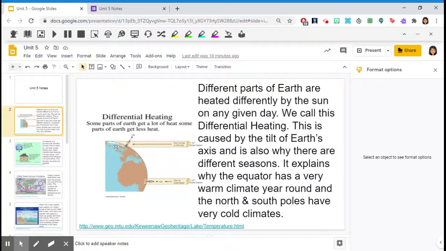So the North Pole and the South Pole get indirect light because of the tilt. The sun is lower in the sky, at an indirect angle. The same amount of sunlight covers a larger area. For example, here, if one cubic of sunlight hits 1 cubic of land, it's a 1-to-1 ratio. Whereas here, if 1 cubic of sunlight hits 3 cubics of land, it's actually 1/3 the intensity.